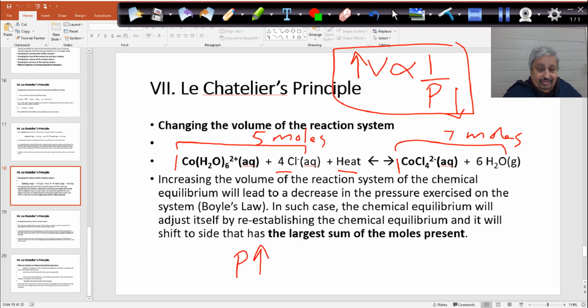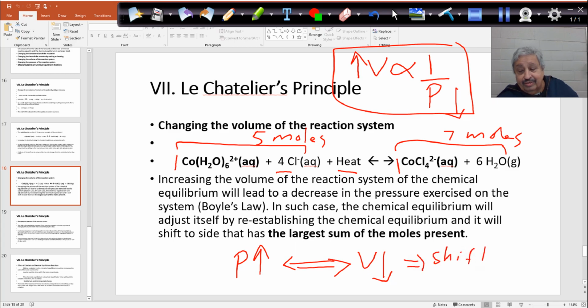Now, if I increase the pressure, meaning decreasing the volume, correct? So which way will the shift of the chemical reaction go? To the least number of moles. Where's the least number of moles? 5 moles, on the reactant side, to the left.